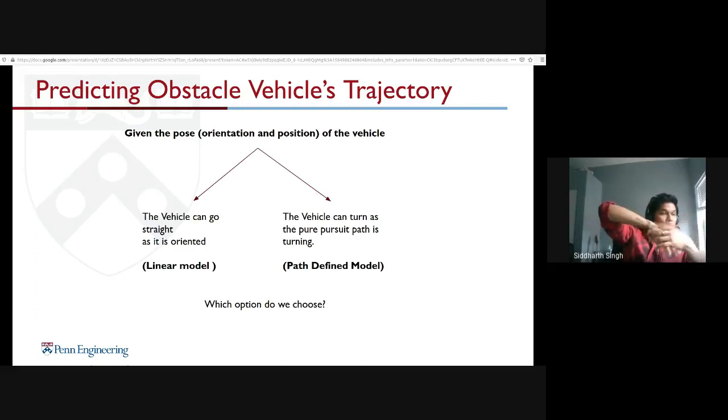We do not essentially have an understanding of the dynamics or the steering dynamics of the other vehicle. We don't know the decision-making process of the vehicle in front: that I will not turn, I will stay parallel to the pure pursuit line, I will only turn when the pure pursuit path turns.